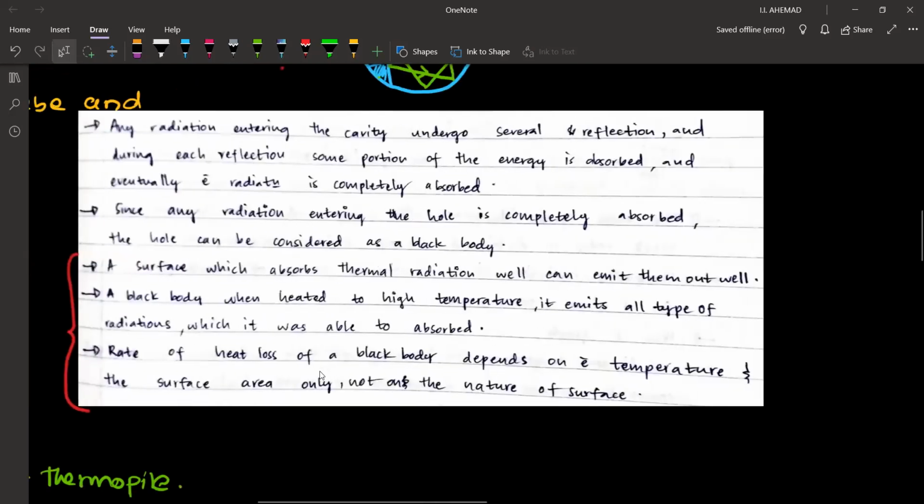So that is what we have mentioned in the next 3 points. A surface which absorbs thermal radiation well can emit them out well.